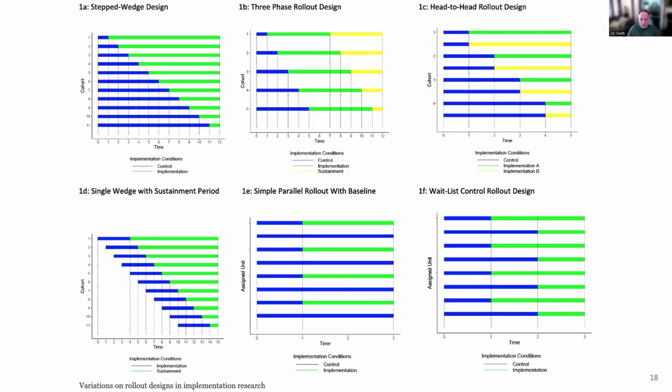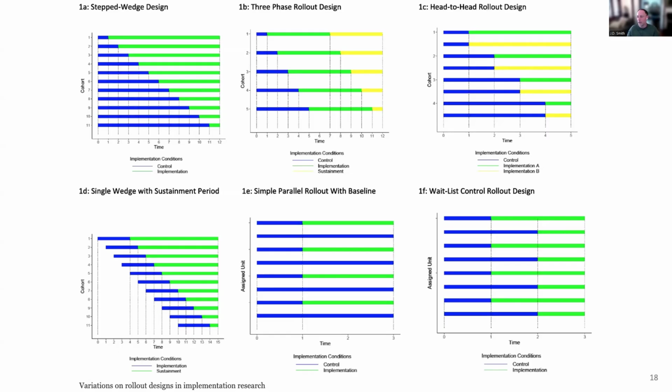Panel 1E is a simple parallel rollout with a baseline period. So all sites will have a baseline period, and then half of the sites start the implementation, the other half remain in control. This is essentially a waitlist type design.